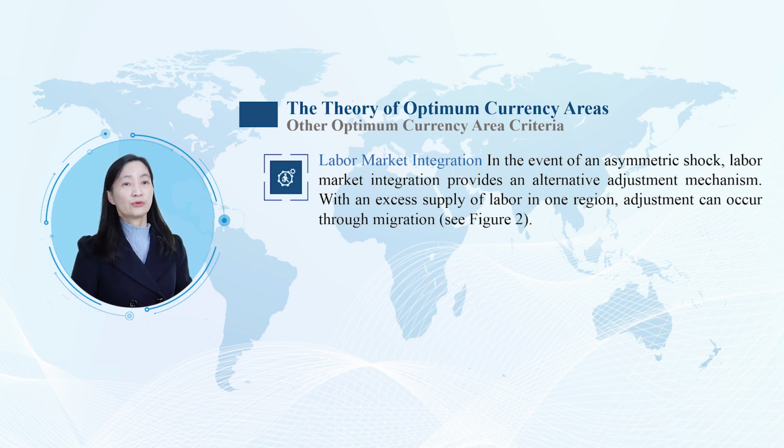If output falls and unemployment rises in home, then labor will start to migrate to foreign, where unemployment is low. If this migration can occur with ease, the impact of the negative shock on home will be less painful.